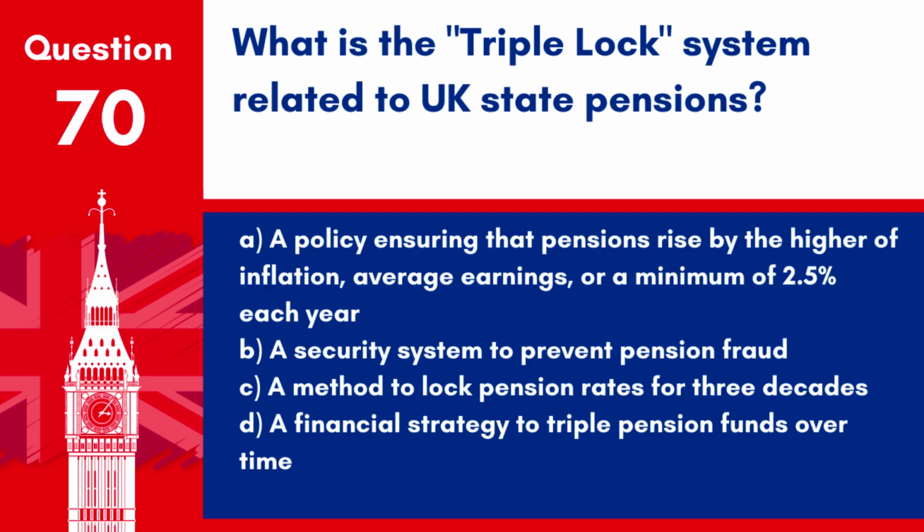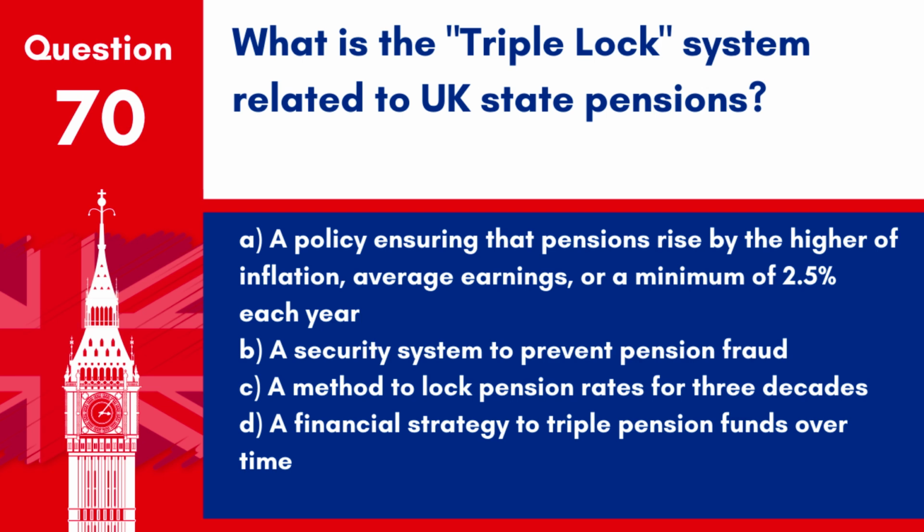Question 70. What is the triple lock system related to UK state pensions? A. A policy ensuring that pensions rise by the higher of inflation, average earnings, or a minimum of 5% each year. B. A security system to prevent pension fraud. C. A method to lock pension rates for 3 decades.